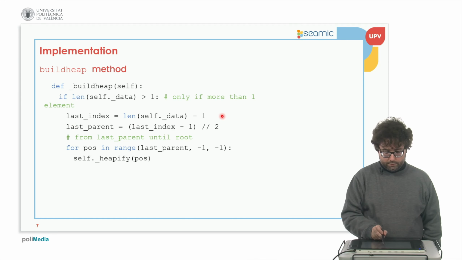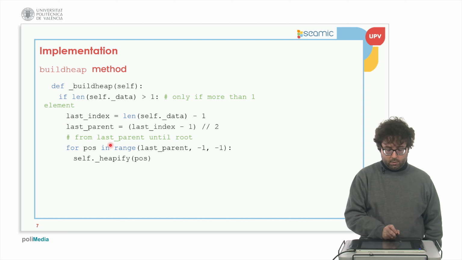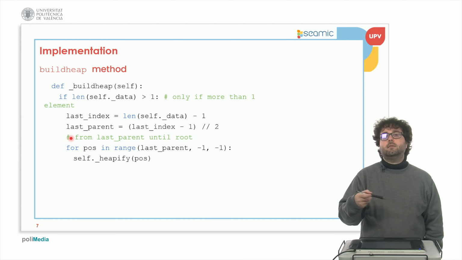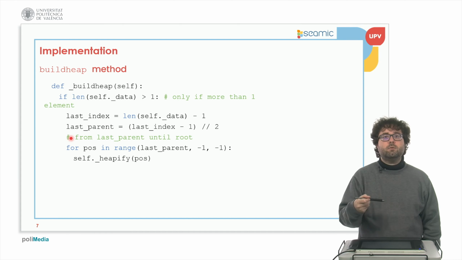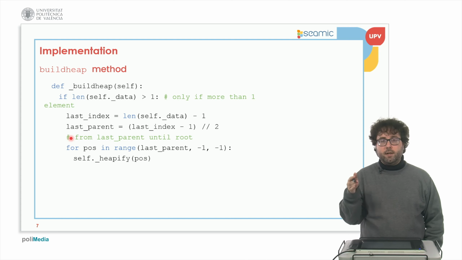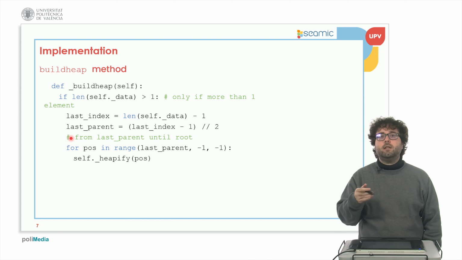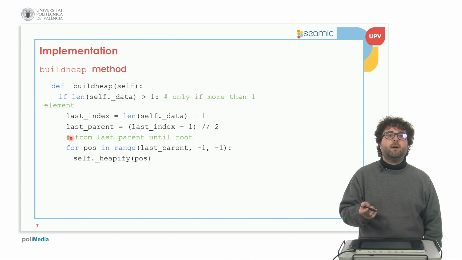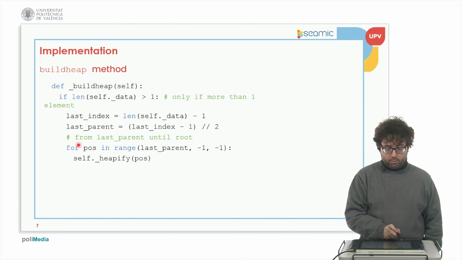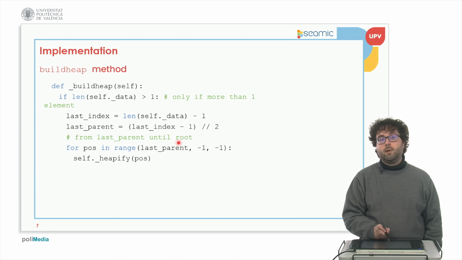If there's more than one element, otherwise it will already be a heap, we find the index of the last parent, which means the first node that is not a leaf that needs to be heapified. And what we're going to do is as easy as, from that position, going back to the root.